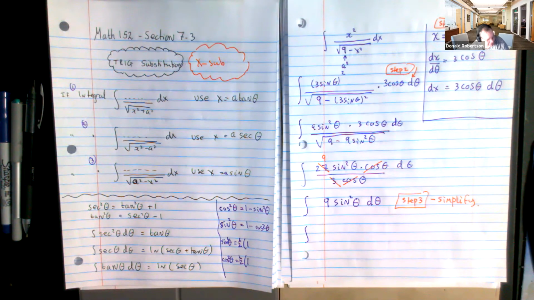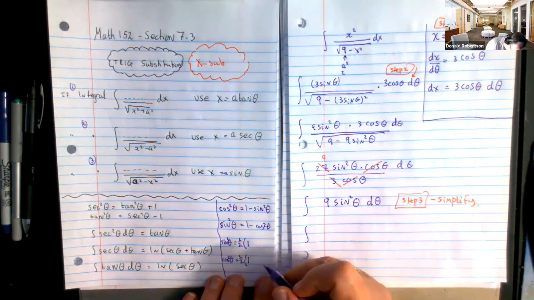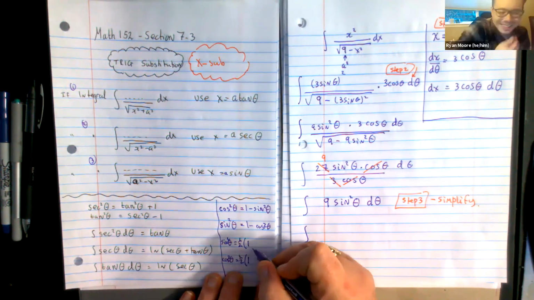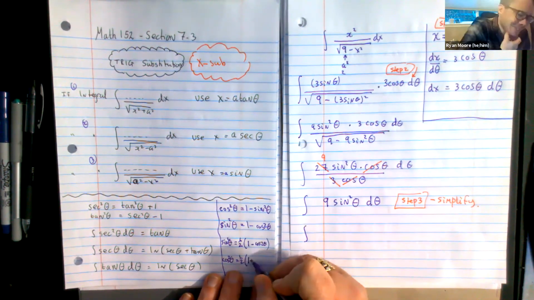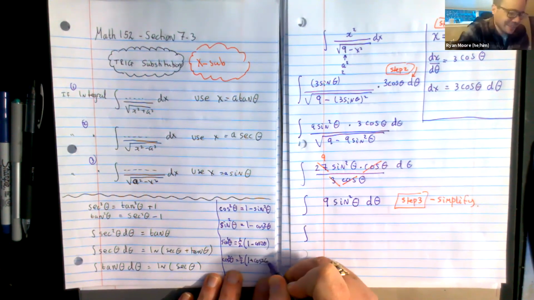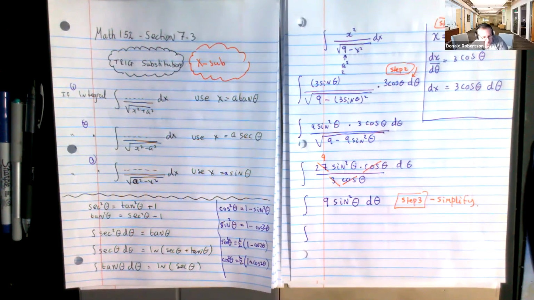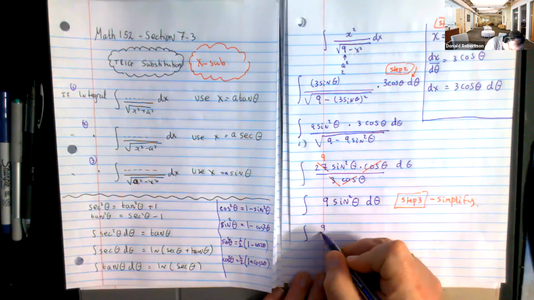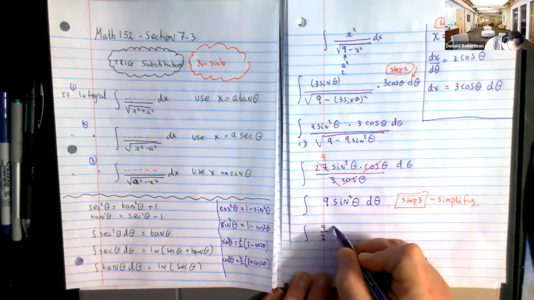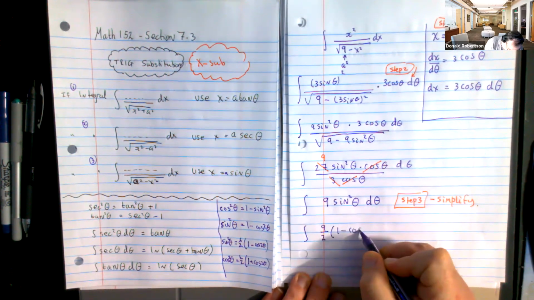Nothing yet? 1 minus, is it cosine 2 theta? Yep, you nailed it. So sine squared becomes 1/2 times 1 minus the cosine of 2 theta.